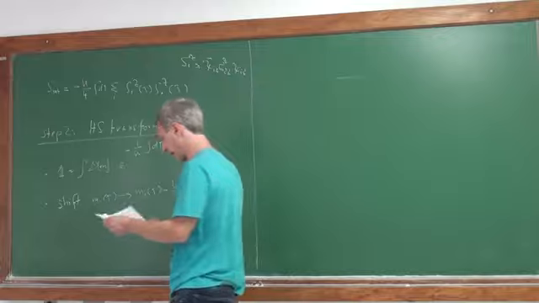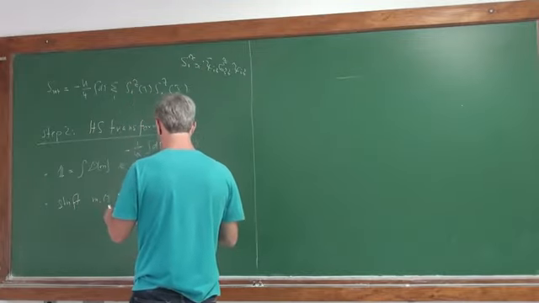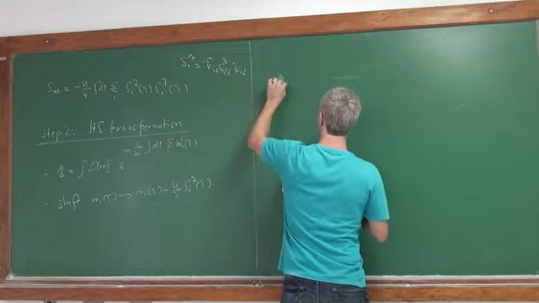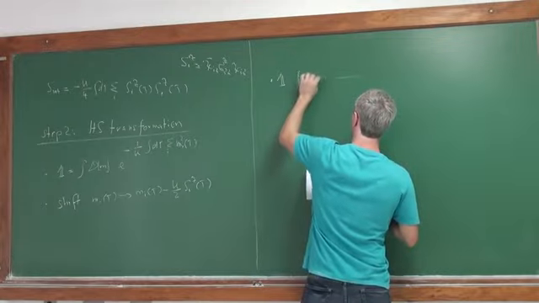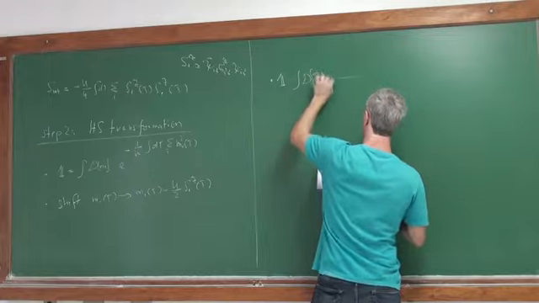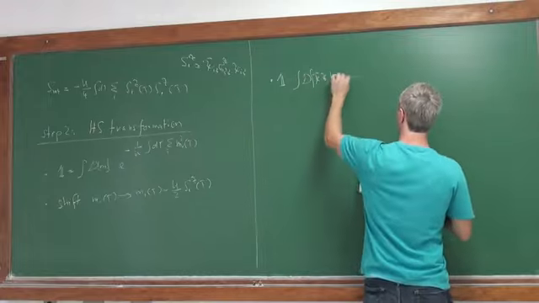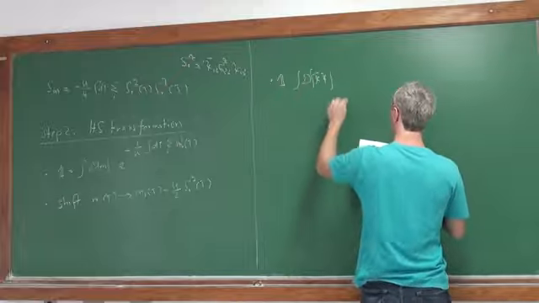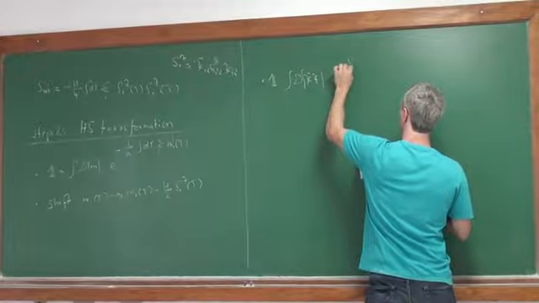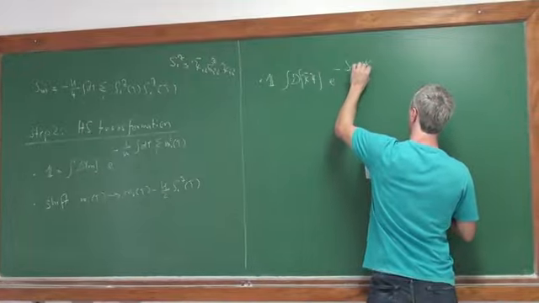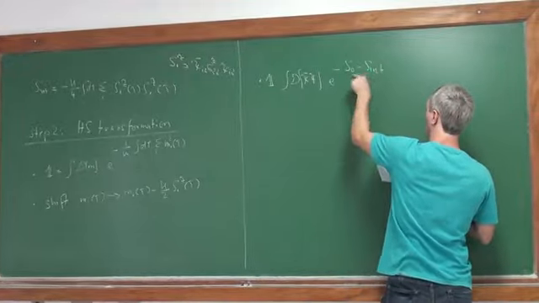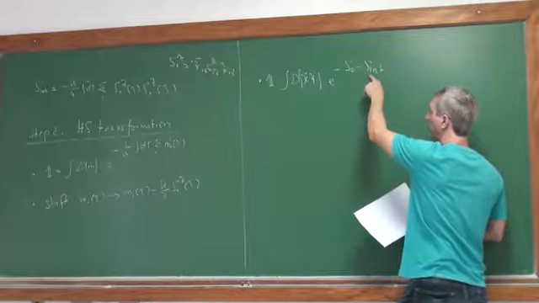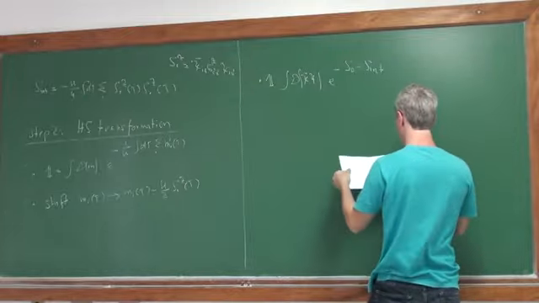Okay, so writing now 1 times the field integral over the electrons, where the field integral over electrons has a quadratic part, and then the interaction part, which is this.